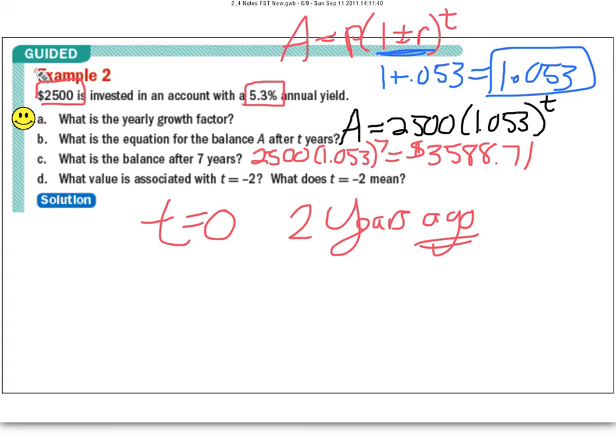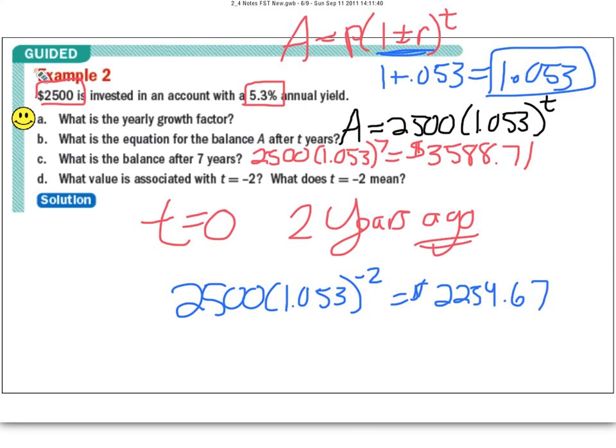And if you wanted to, you could actually use the formula, and if you put in a negative exponent, even though it seems odd, you can, and you will get $2,254.67, which means if they had invested 2 years ago, that would have been the amount that they started with in the account.